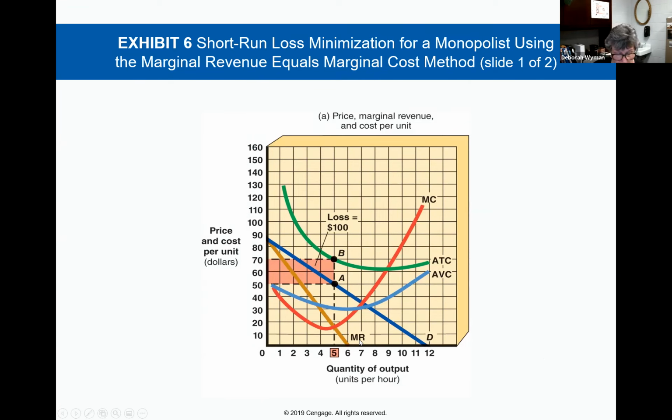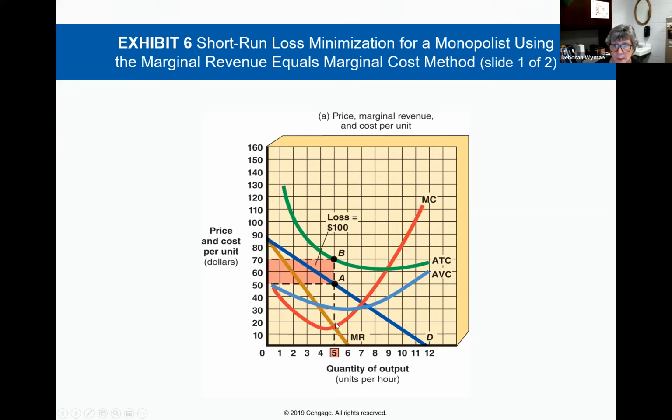All points on this demand curve are below the average total cost, so they're saying we can't make a profit at all. At the intersection of the marginal revenue and marginal cost curves, the losses will be at a minimum right here. So again, we're at 5, right? This graph is off a little bit.